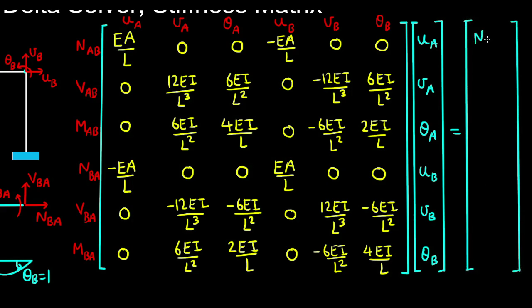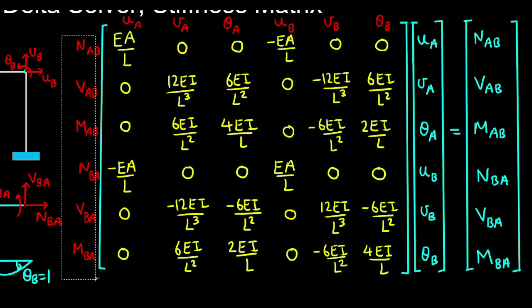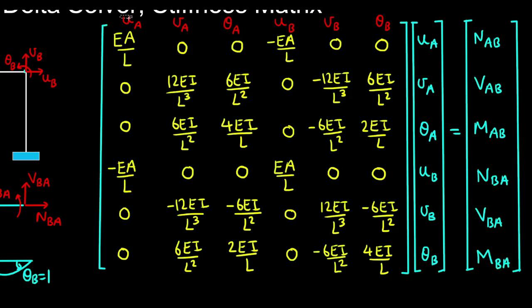So these are the axial force, shear force, and bending moment at node A, and the axial force, shear force, and bending moment at node B. So we can just remove these here. And this here is our equilibrium equation for our element that behaves like a beam and column, which is known as a beam column element.